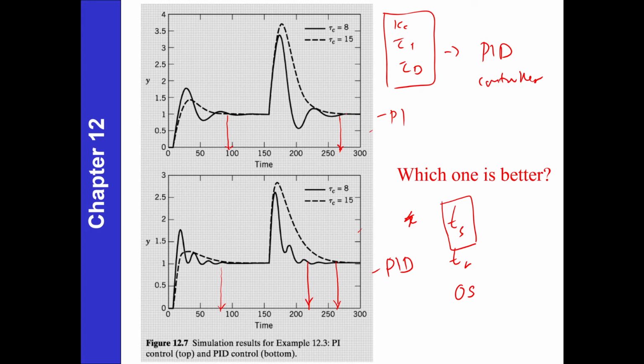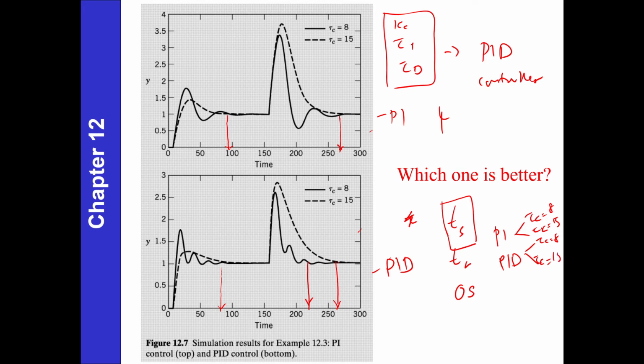We have 4 sets of controller settings: a PI and a PID controller, and each has a different tau c, tau c equal to 8 and tau c equal to 15.